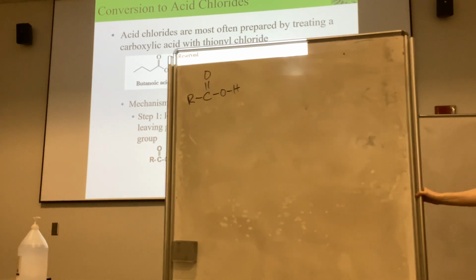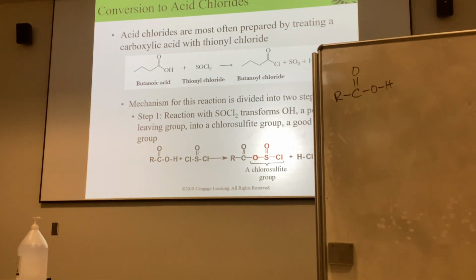Oh, you can't see that, sorry. They don't show our things. See, this is multiple steps. So I will delete this from the list of things that you need to know, because it's not a useful mechanism if they skip steps.